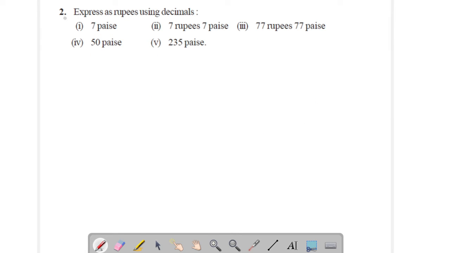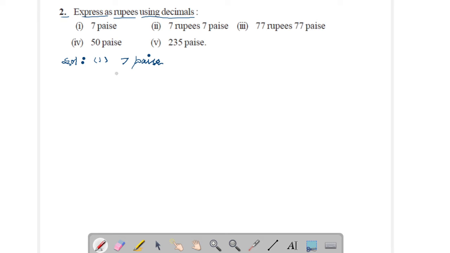Now come to question number 2. Express as rupees using decimals. So say the solution. First part, it is 7 paise. How will you do this?